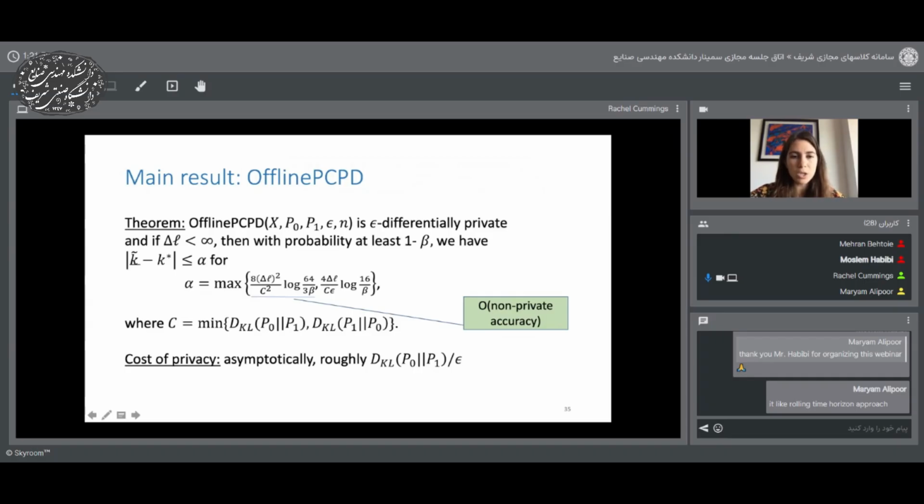We basically exchange C squared for a C times epsilon, where C is a KL divergence between the pre-change and post-change distribution. So we see that our cost of privacy asymptotically is roughly the KL divergence over epsilon, moving between this term and this term. There's some constants, but it's basically this.